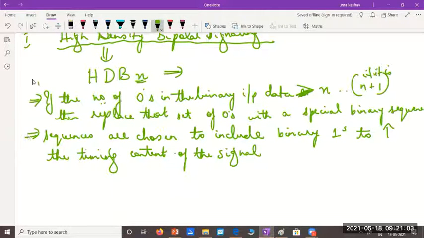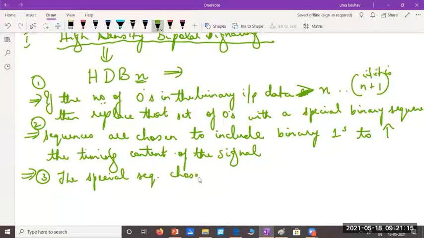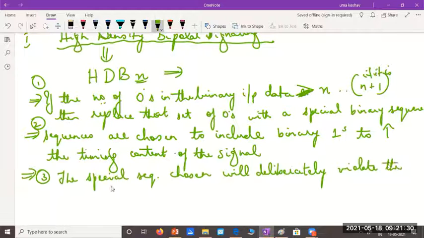And the third important point is the special sequence chosen will deliberately, wantedly, violate the bipolar rule.